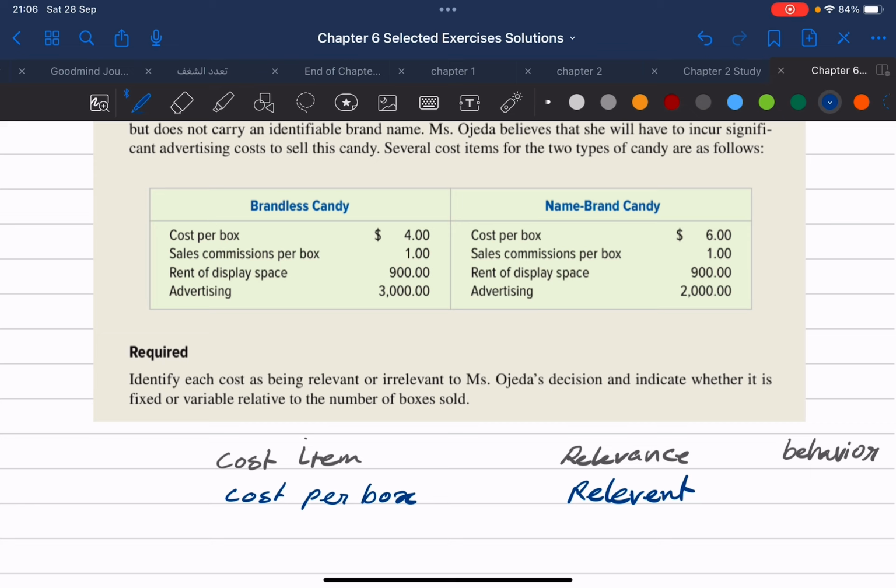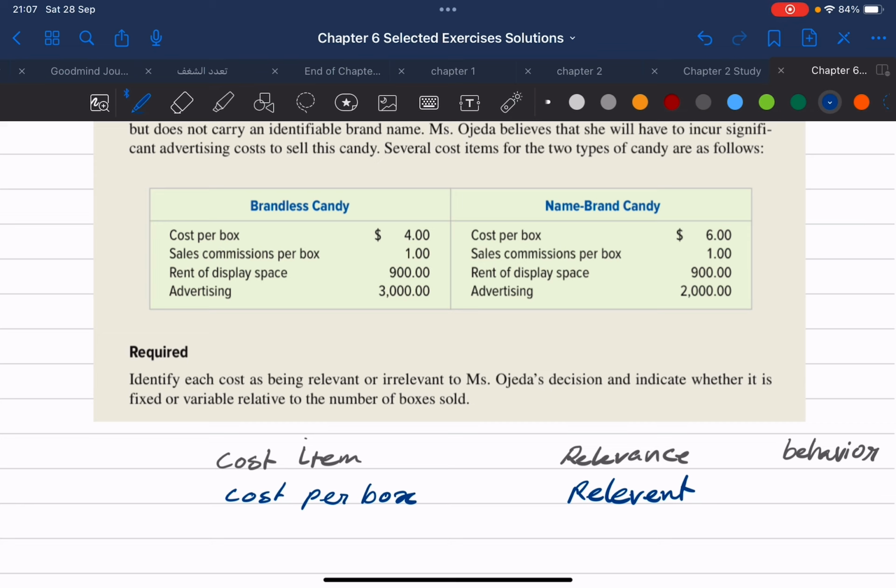Now, of course, since the cost is per box, we can clearly see that it is variable, not a fixed cost. If you don't have a background in accounting, the main difference between fixed and variable costs is that fixed costs do not get affected by the production level of the business. So regardless of Ms. Ojida selling 10 boxes or 100,000 boxes, a fixed cost will not be affected.